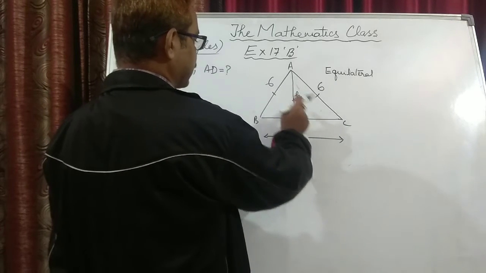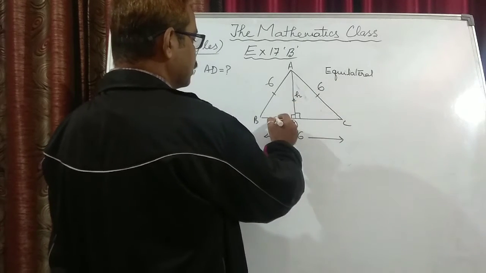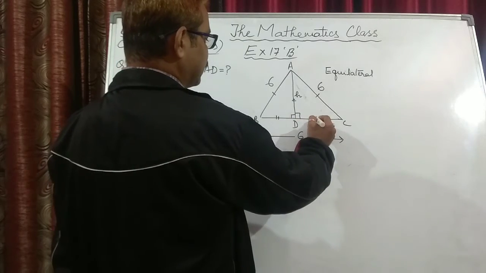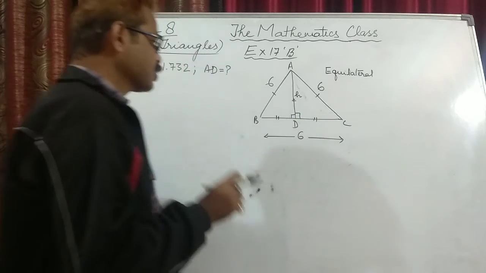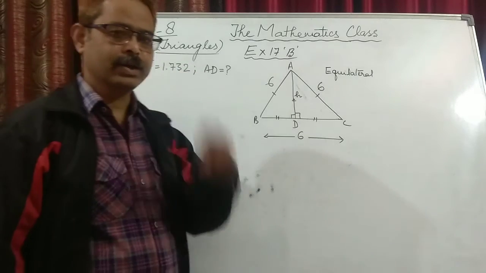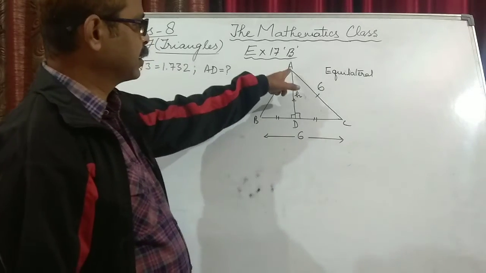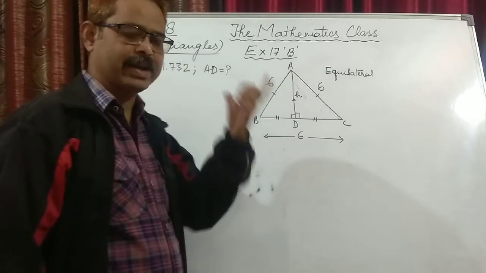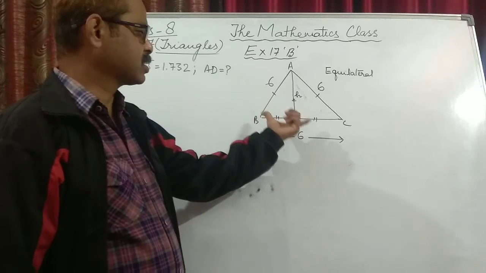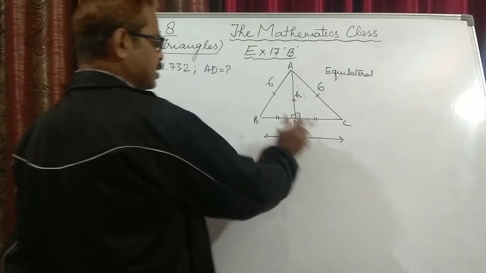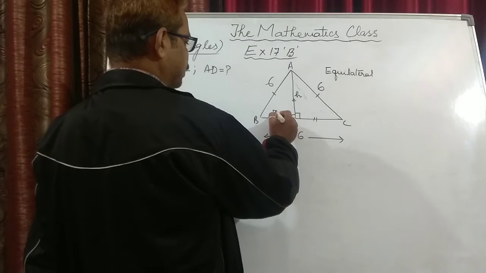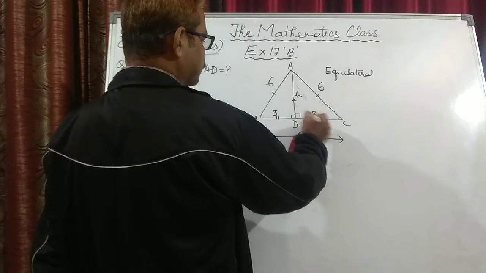So right angle hypotenuse side, right angle hypotenuse side, the triangles are congruent. So BD and DC will be equal. You just remember this much, that in an equilateral triangle, if we draw a perpendicular from the opposite vertex, it divides the opposite side into equal parts. If this total is 6, this becomes 3 as well as this becomes 3.